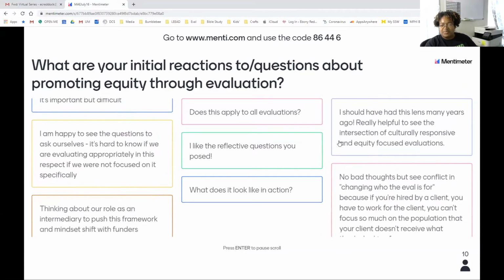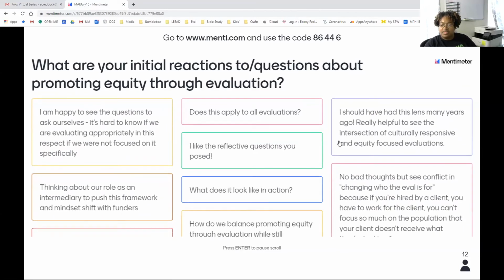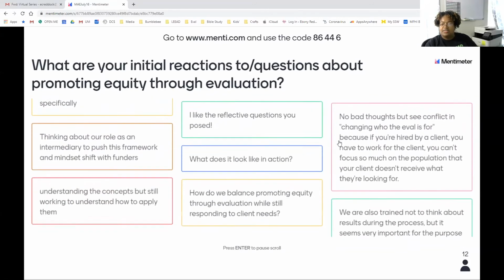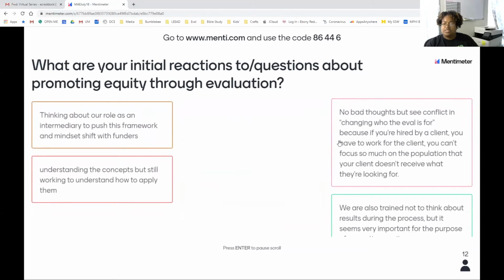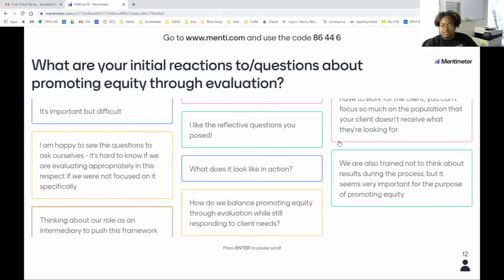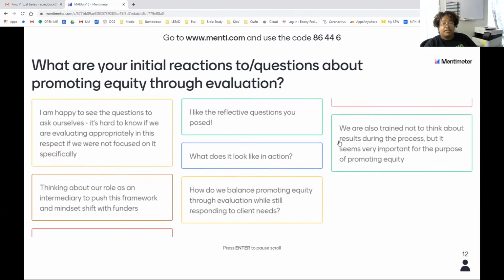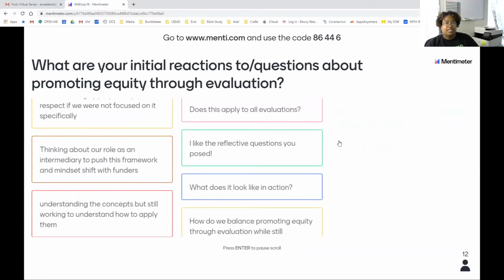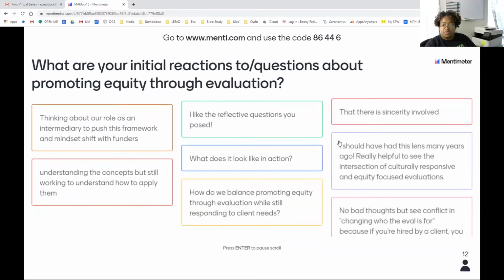No bad thoughts, but I see conflict in changing who the eval is for, because if you're hired by a client, you have to work for the client. You can't focus so much on the population that your client doesn't receive what they're looking for. And that's a very valid point. That's probably like equity in evaluation 102.